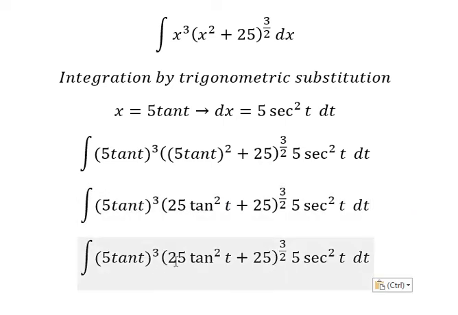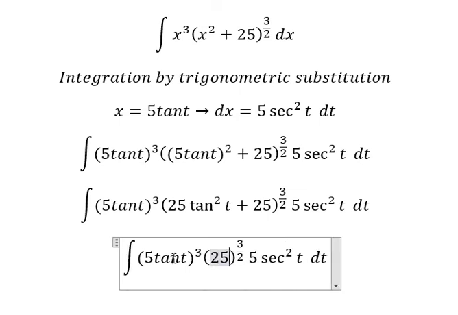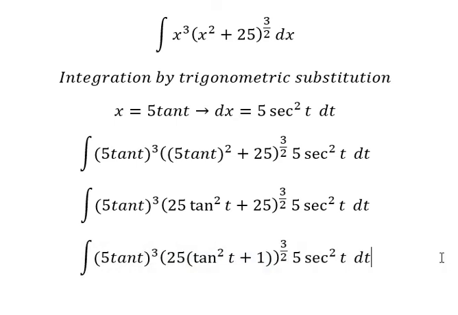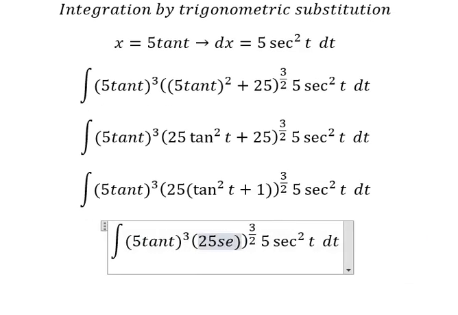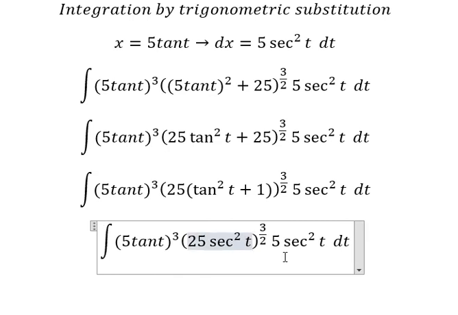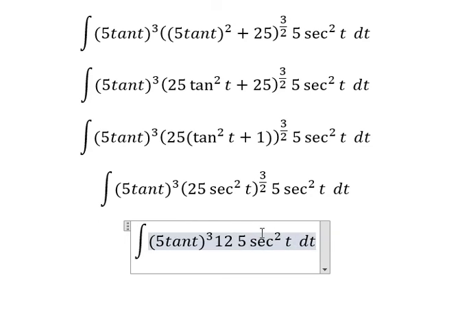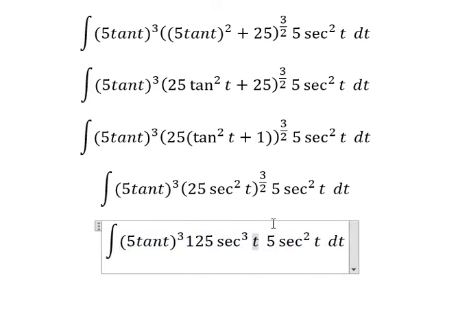Number 25, we can do factorization. So this one is secant of t squared. So number 25 secant of t squared with the power 3 over 2, we got 125 times secant of t to the power of 3.